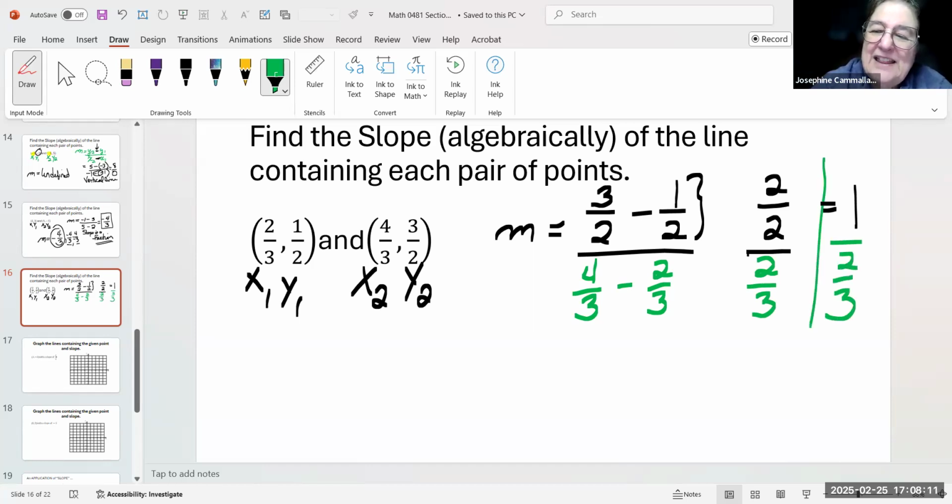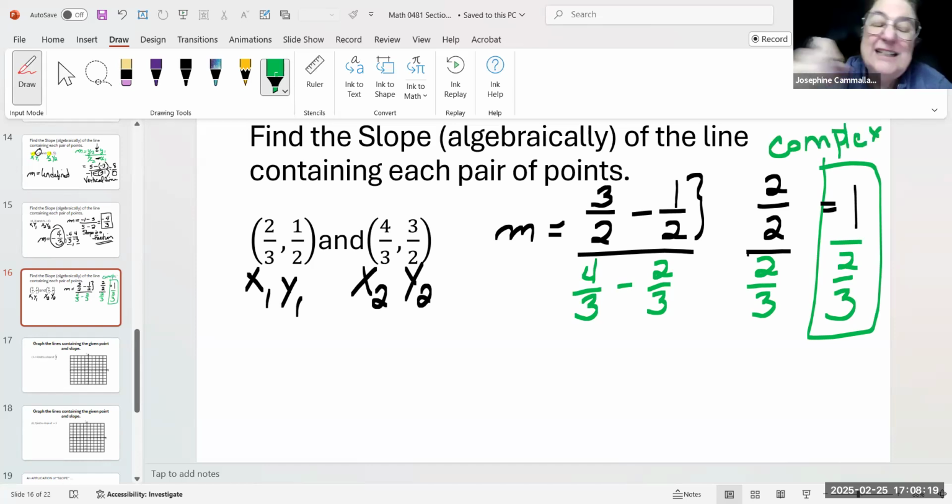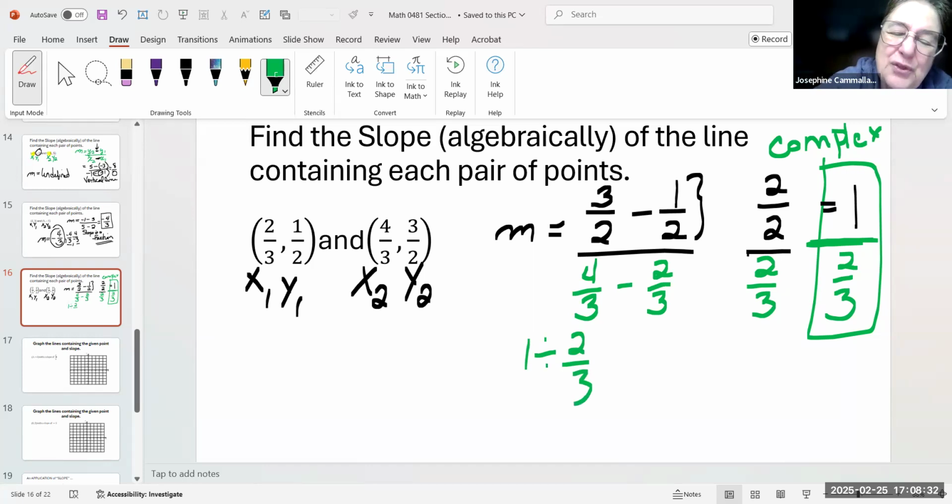Now, this is something that you may forget. This is called a complex fraction. I can't have that. I have to know, what does that line mean? It means 1 divided by 2/3. And remember, we flip this one.